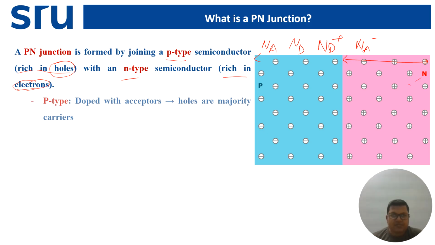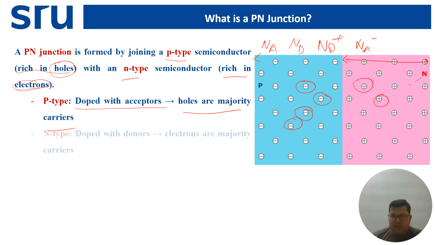Now we'll see that the p type is doped with acceptors, and holes are the majority carriers. That's why we see these acceptors here. And on this side we see the donors in the n side.